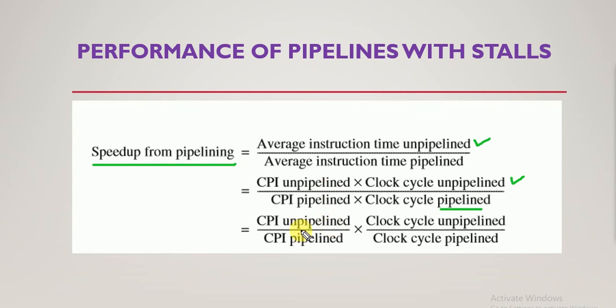It can again be written as CPI unpipelined divided by CPI pipelined, into clock cycle unpipelined divided by clock cycle pipelined. So we are simply deriving these things just for getting the speed up from pipelining.